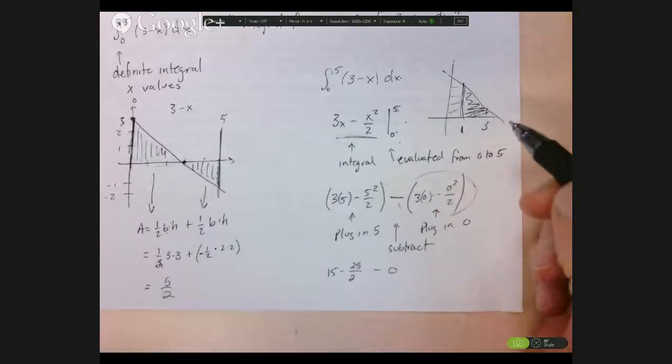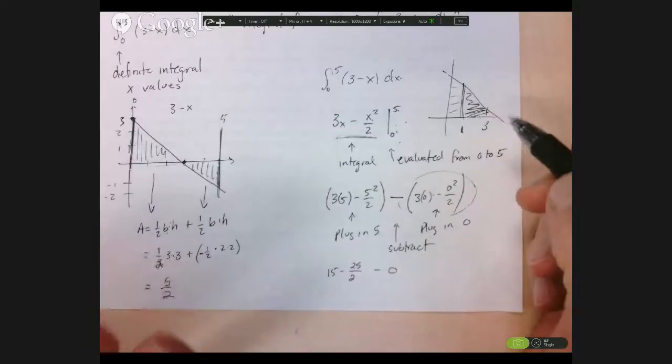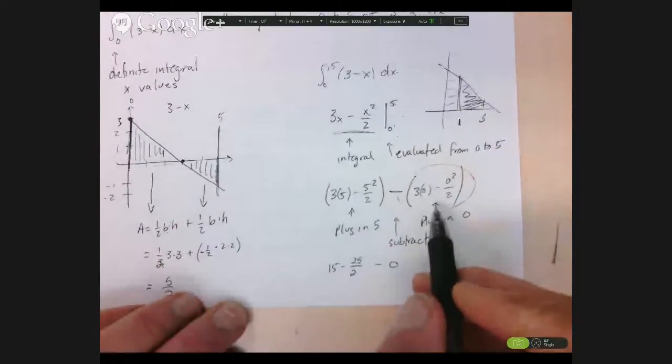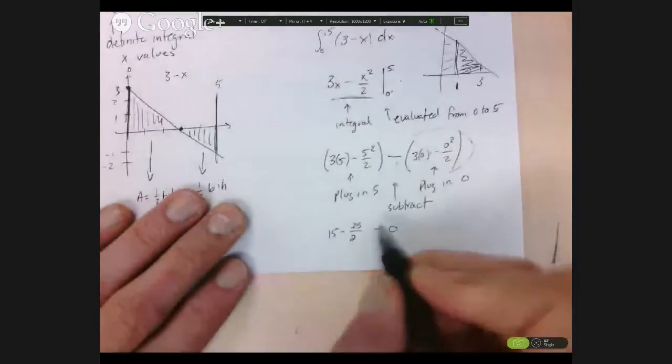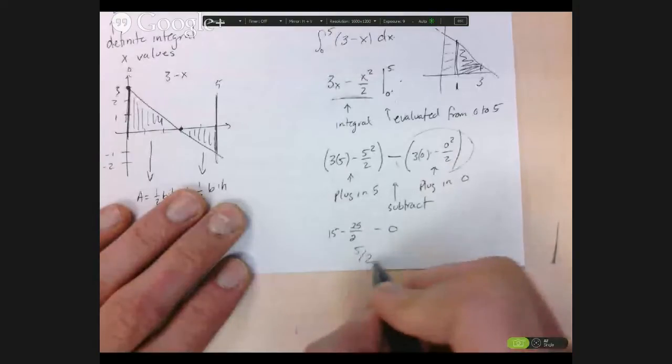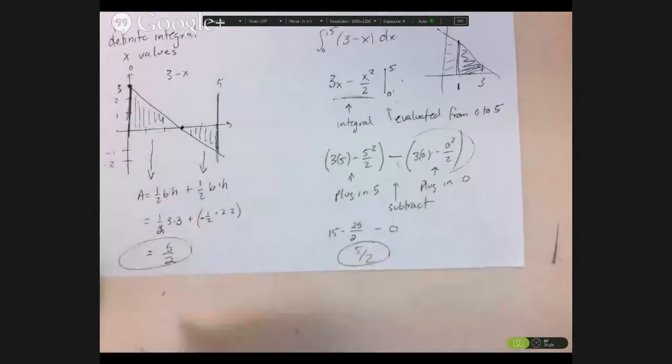Okay, so I'm not counting it because I don't want it counted, right? That's why I subtract it out. Okay. So what we end up with here is 5/2, same answer, bam.